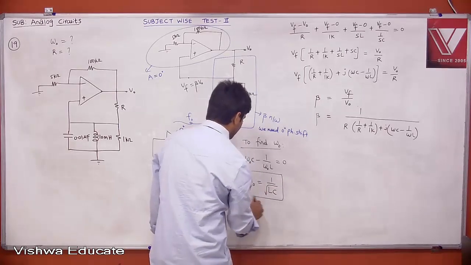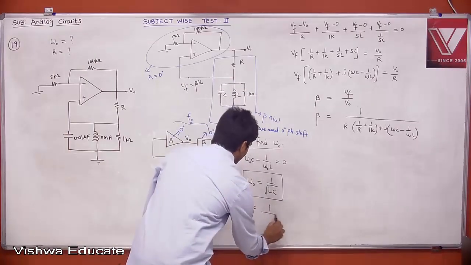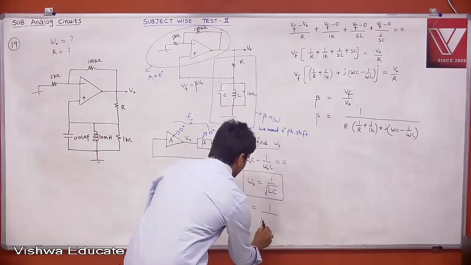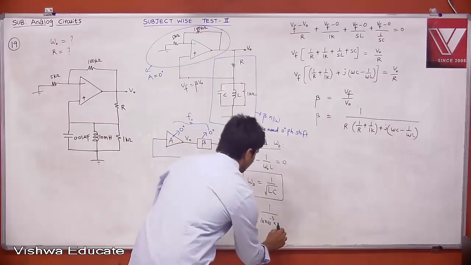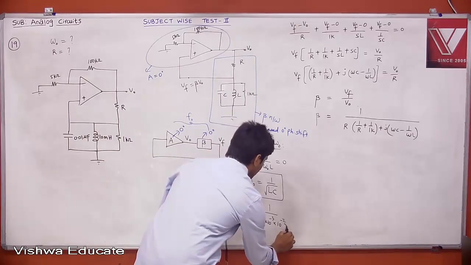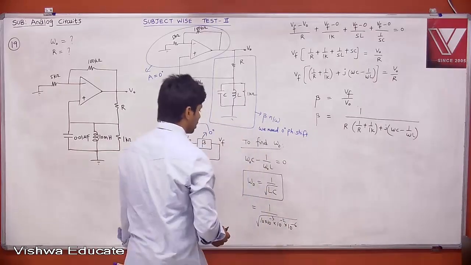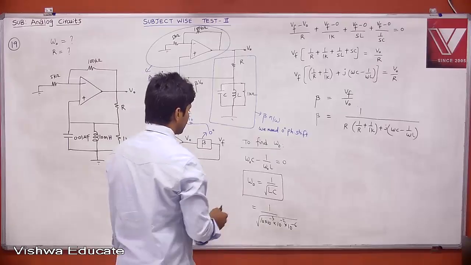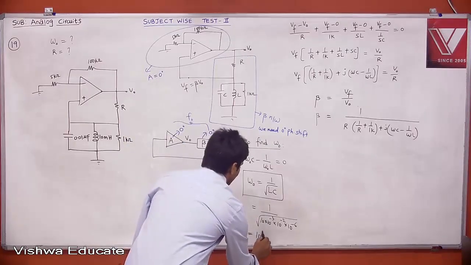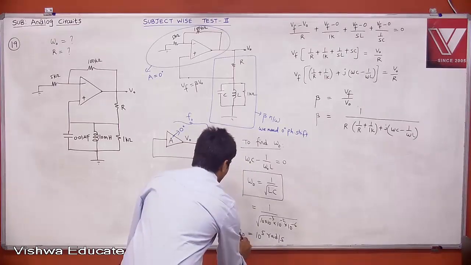That is your resonant frequency. You already know L and C. L is 10 milli, 10 to the power of minus 3. What is the C value? 0.01 microfarad, 10 to the power of minus 2 into 10 to the power of minus 6. If you do this, you get radians per second: minus 3, minus 8, minus 11, minus 10, so 10 to the power of 5 radians per second. This is our omega naught.